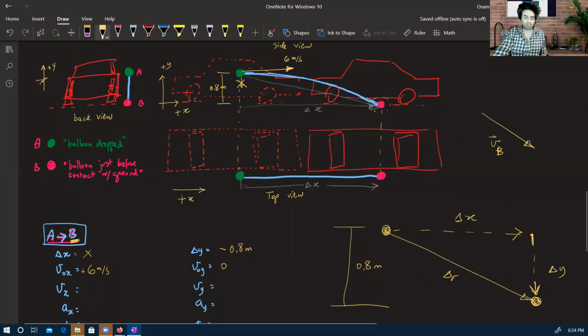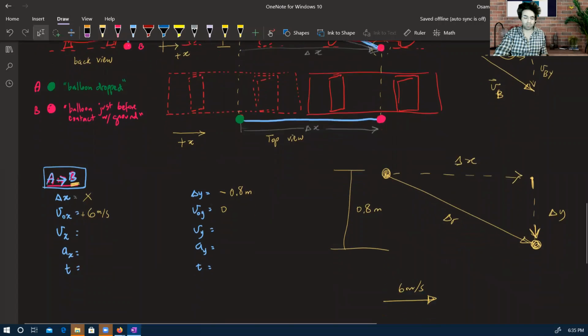That's the velocity at B. It has some component in the X direction, and some component in the Y direction, the vertical direction, because it was pulled down towards the ground. I don't know what these are because I'm not given anything about the velocity. Technically, I could take a good guess at what this is, and I'll show you how in a second. But as it is, I don't know anything about it, so I'm just going to leave this. I'm going to say I don't really know it.